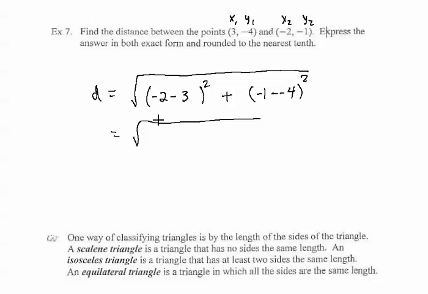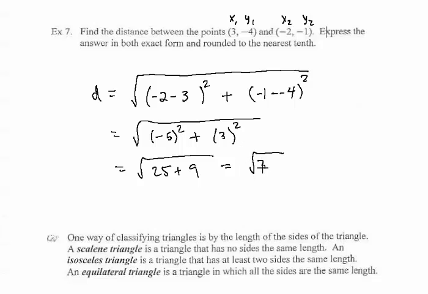This first set of parentheses ends up being a -5, and we square it. Second set ends up being a 3, and we square it. We get the square root of 25 plus 9, which is the square root of 34.